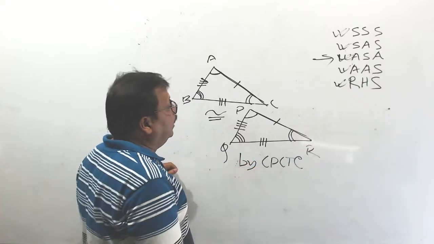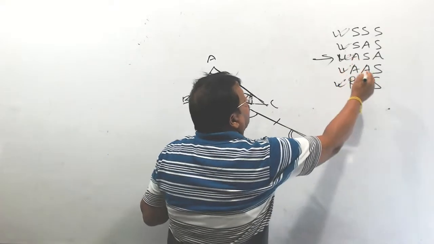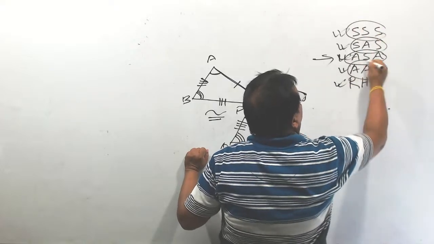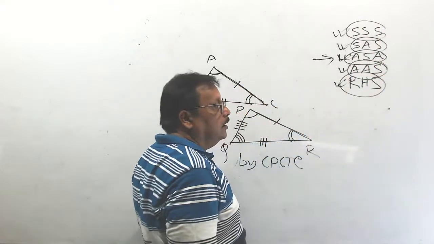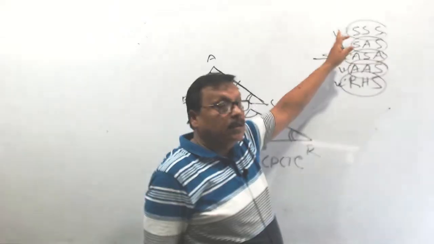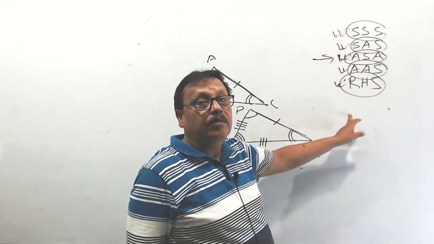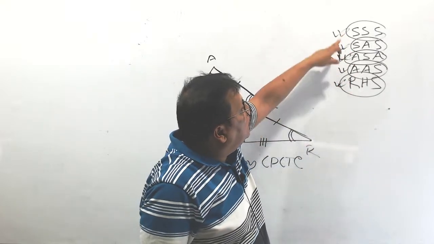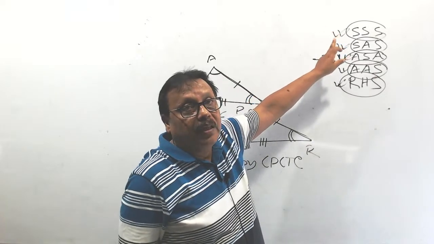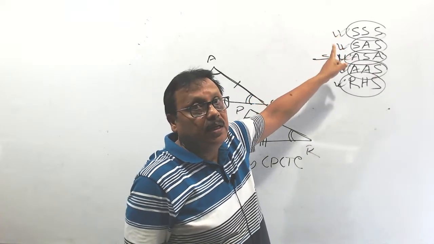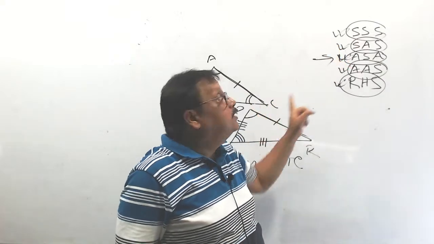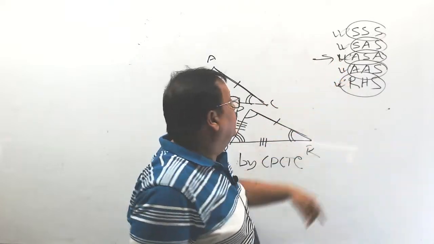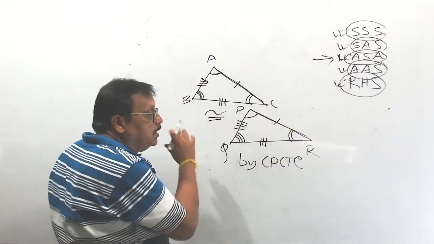But you proved only what? By using 3 conditions. All criterions for proving the congruency contain only 3 conditions, each criterion. 3 conditions means 3 elements, but there are 6 elements in total.